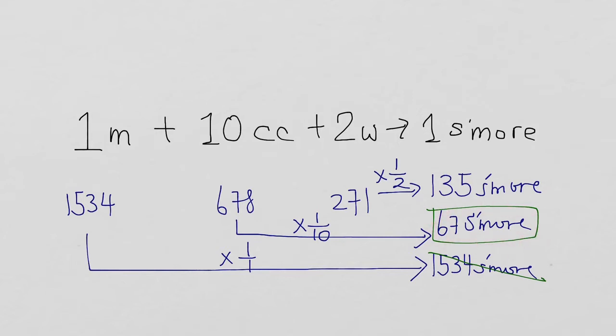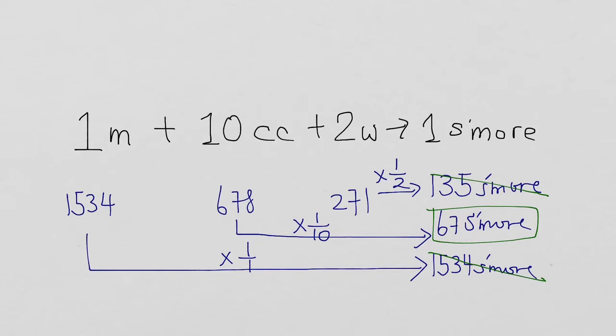So now these two numbers become irrelevant. So again, by the same logic, it doesn't matter that you can make 135 s'mores with 271 wafers. The chocolate is limiting you from making more s'mores.